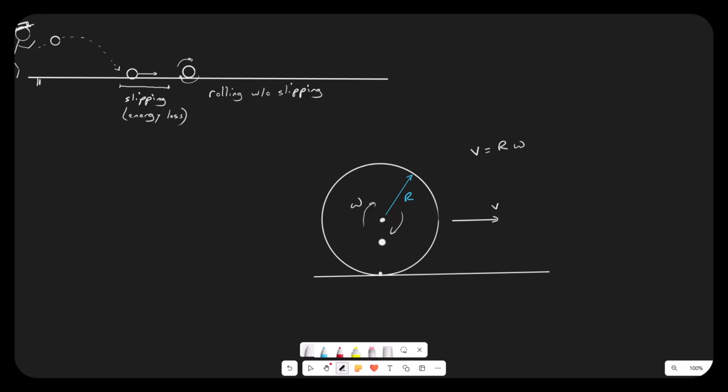So this is kind of our axis, and this is our distance from the axis. So the tangential speed of that point would be like saying we're making a circle around the axis of rotation this way, and a piece on the edge of this would be moving at a linear speed of v equals r omega. If you don't quite get why this is, it's okay to say, I know the speed of the center of mass of a ball is going to be equal to r omega when I roll without slipping.